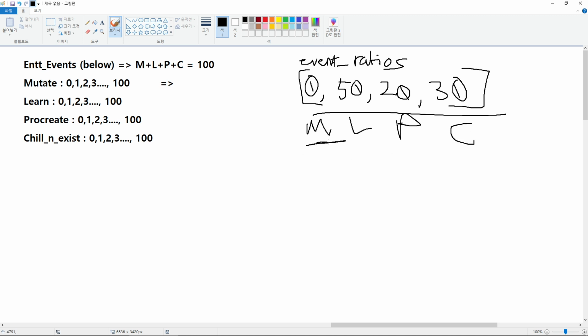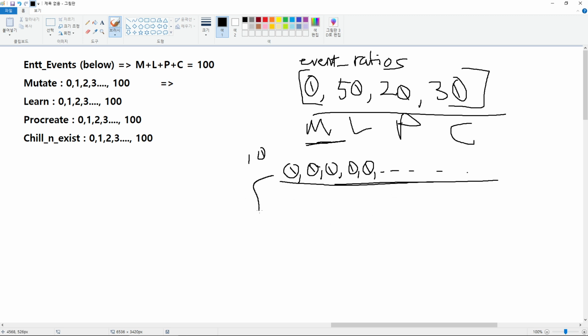If no entities ever were mutating, because the initial entities start with void genes, this won't change. The initial 10 entities will start with this, and it will never end. Nothing changes, and every entity will just be stuck here.